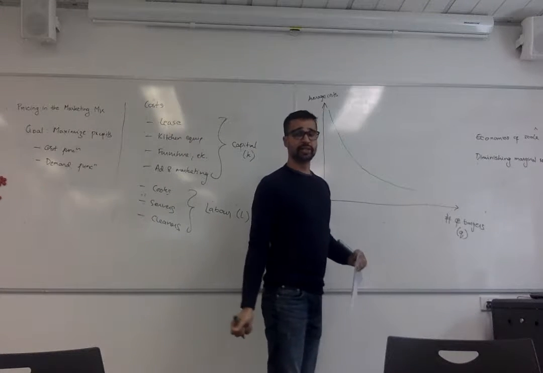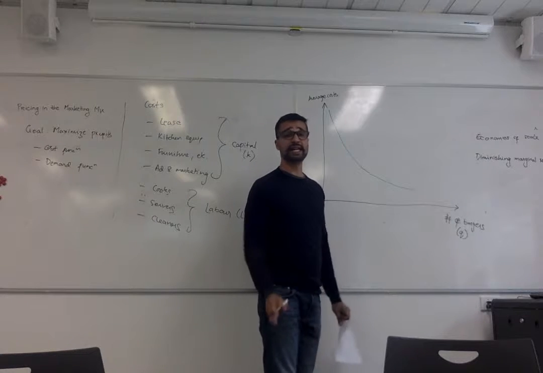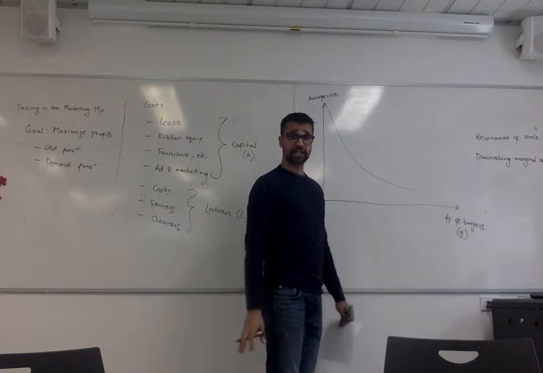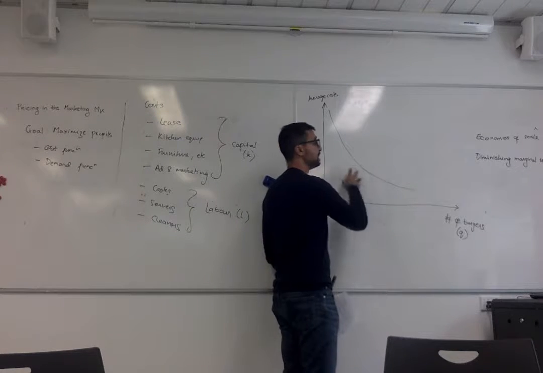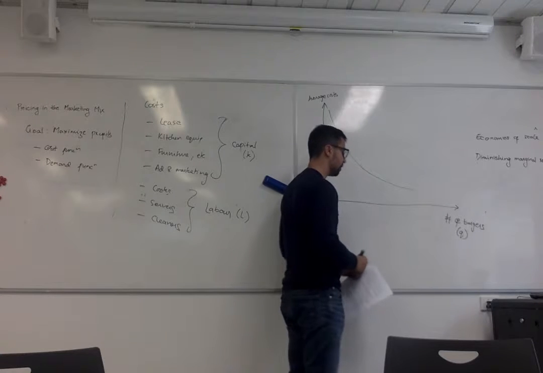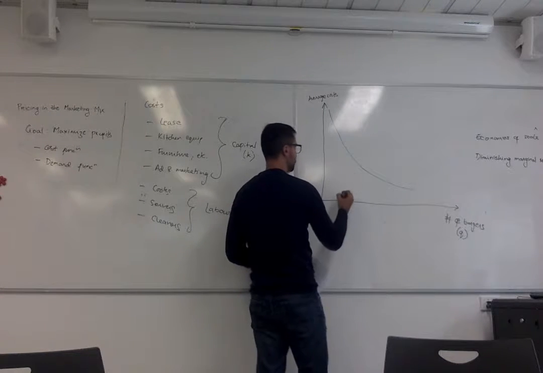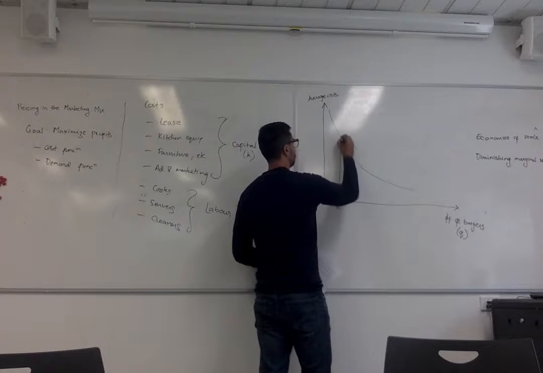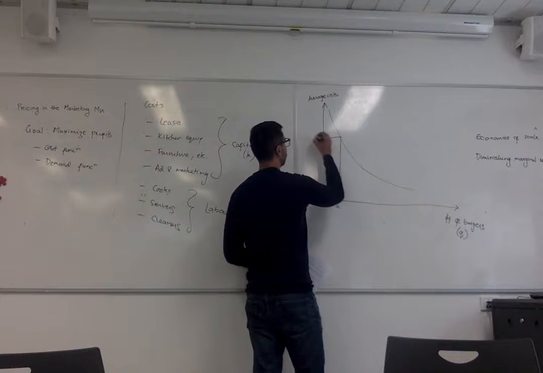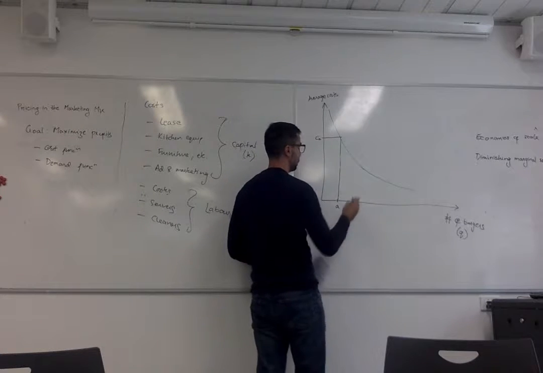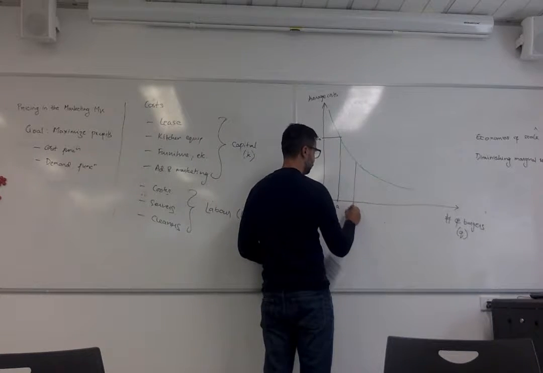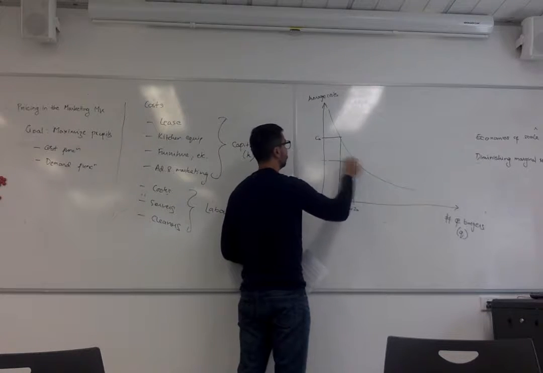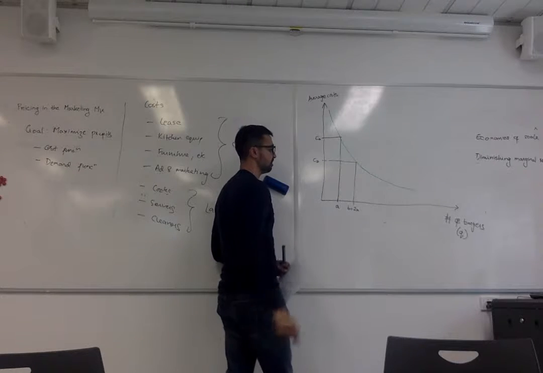And diminishing marginal returns in this context may be defined as the process by which average cost reductions start to decline as the level of production increases. And what do I mean by this more formally? So let's say that initially you're producing some quantity A, and the average cost at this level of production is C_A. Now, when you double this output to B, you're facing average costs of C_B.